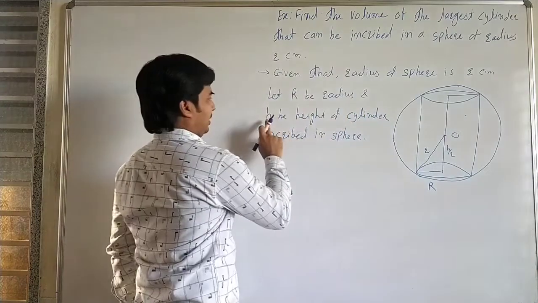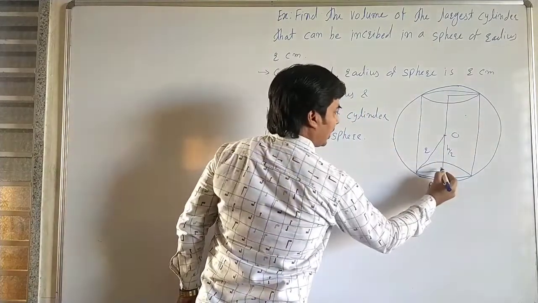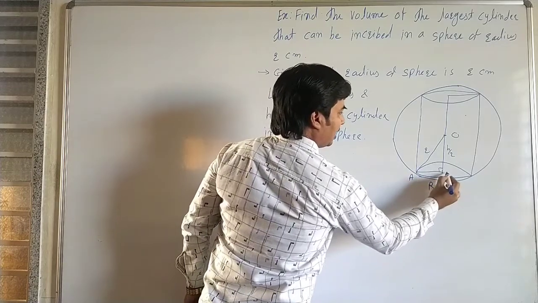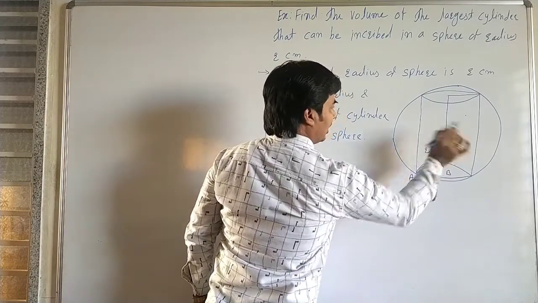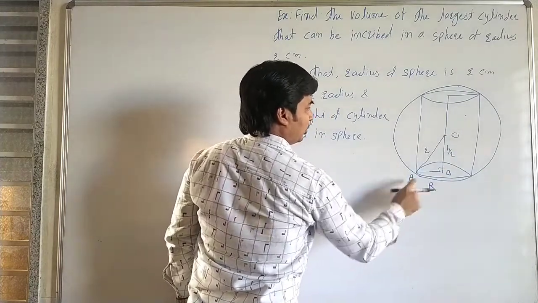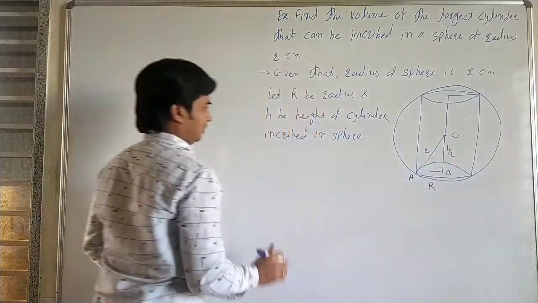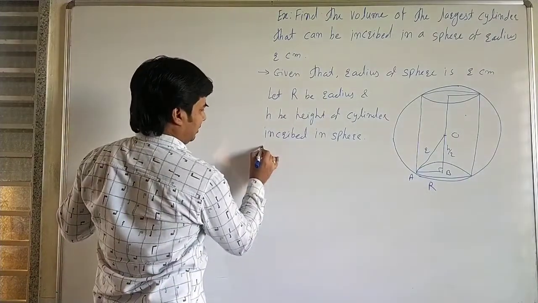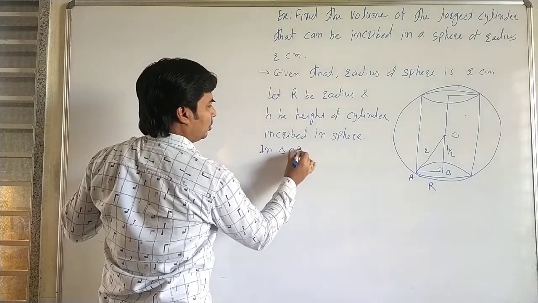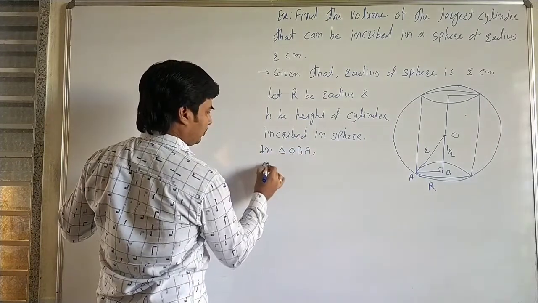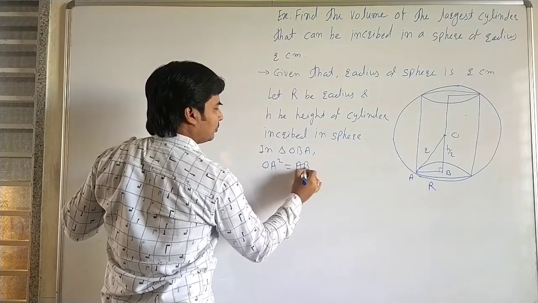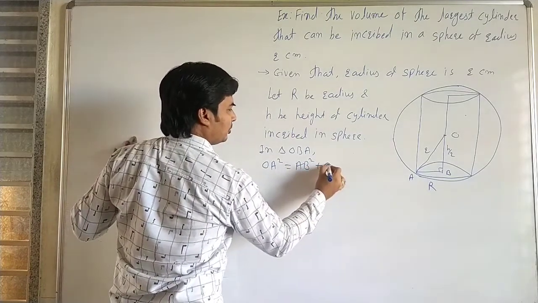Then by Pythagoras theorem, suppose here A, this point B, it is O. In triangle OBA, OA square is equal to AB square plus OB square.